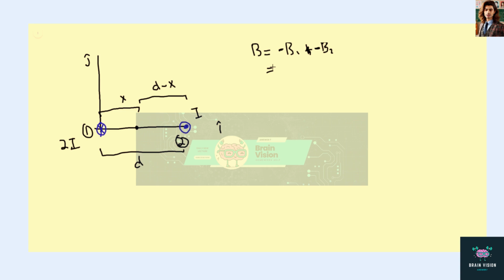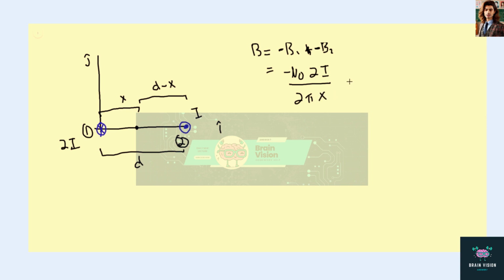For each of those, we just want to treat them as the magnetic field from a long wire in the z direction. So that's just going to be negative mu naught times the current for wire 1, which is 2I, over 2 pi times the distance away, so just x for wire 1.